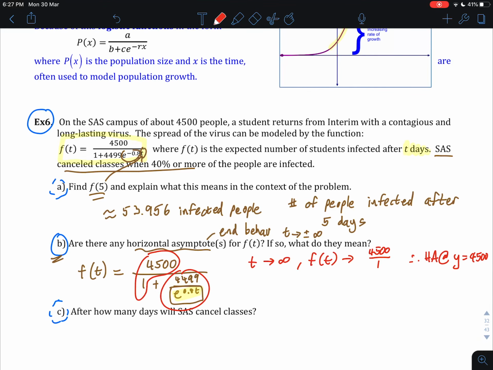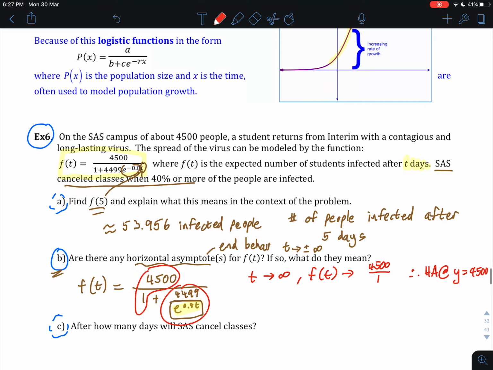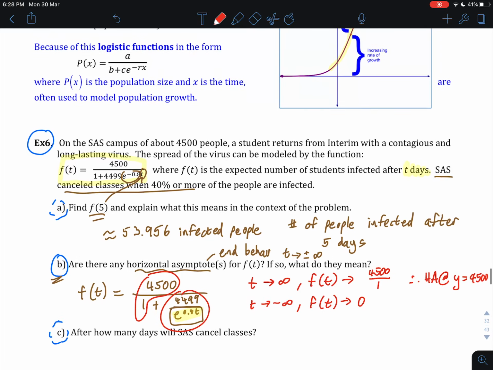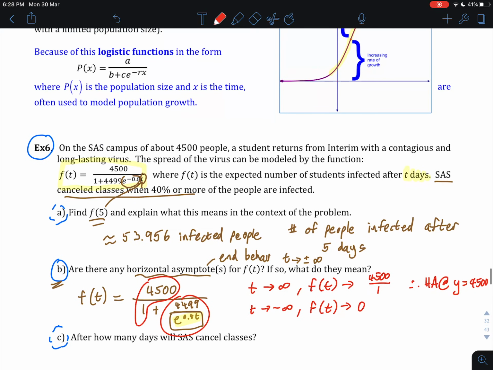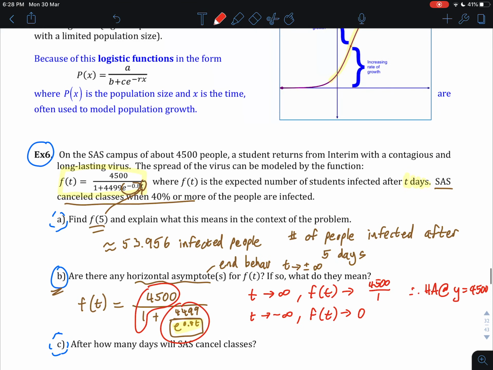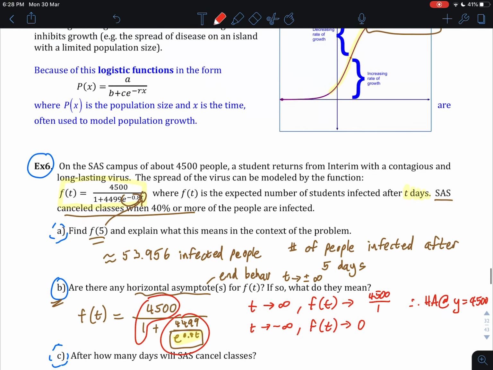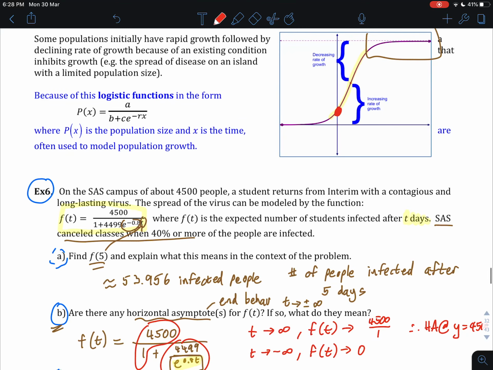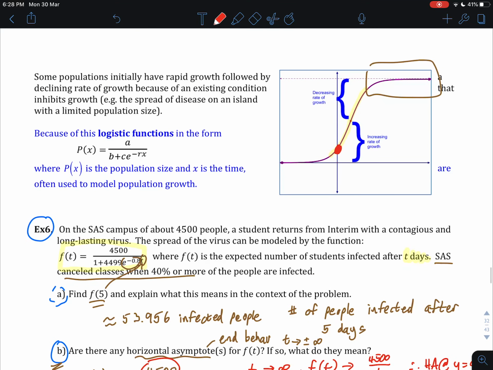And then the second one is mathematically what's going to happen. And so as t approaches minus infinity, we're going to have f of t approaching 0. But what you need to consider in the context of this model is that we cannot effectively model what happened prior to the time when we were first made aware of the infection.